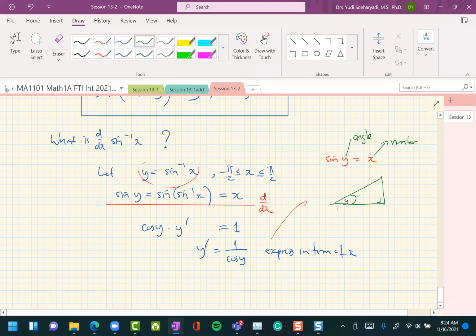Sine is the ratio between the opposite and the hypotenuse, so this is x over 1. And therefore, this must be the square root of 1 minus x squared.